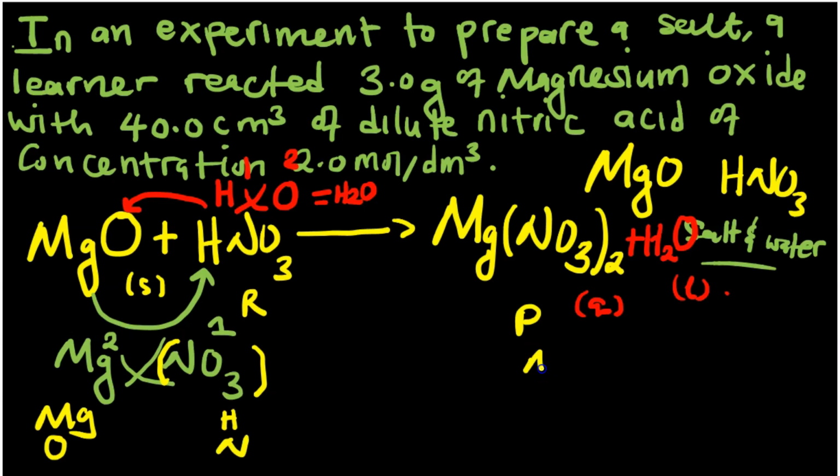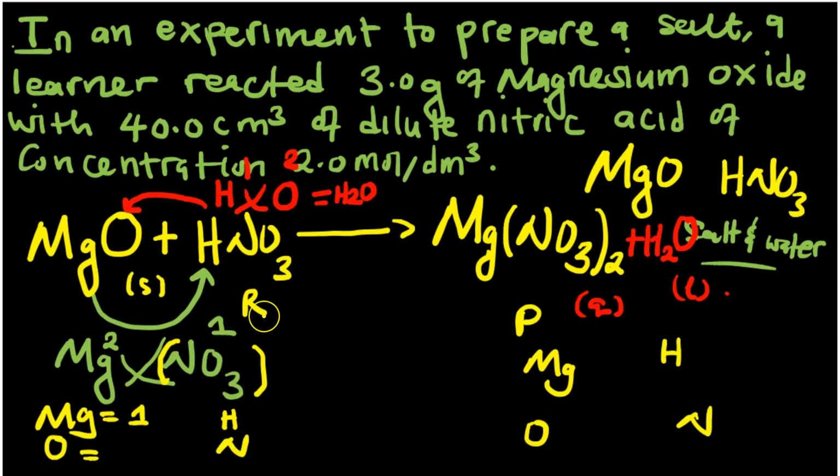Equally here, magnesium, hydrogen, oxygen, and nitrogen. How many magnesium do we have this side? 1. Oxygen, how many do we have? 3 plus 1, that is 4. Then hydrogen, we only have 1. Then nitrogen, we have only 1 nitrogen.